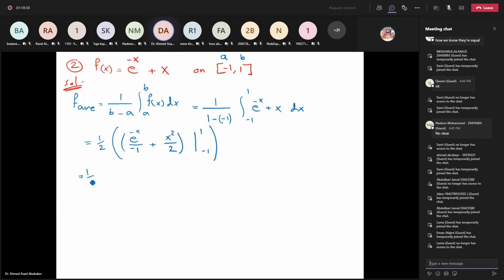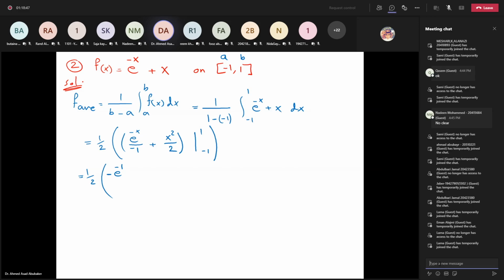This equals half, substitute 1: negative e to the power -1 plus 1 over 2, minus substitute -1: negative e plus 1 over 2.